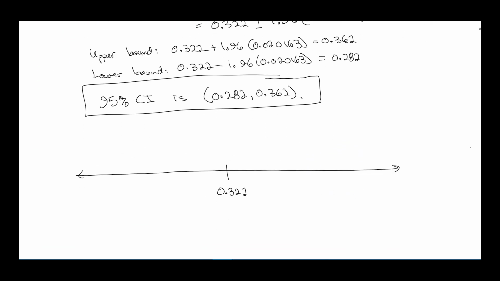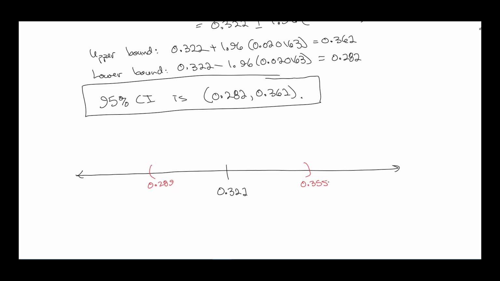So the 0.289 is definitely closer. Now my picture here is not going to be to scale. I'm just warning you with that. So I'm going to put my 0.289 here and my 0.355 here.